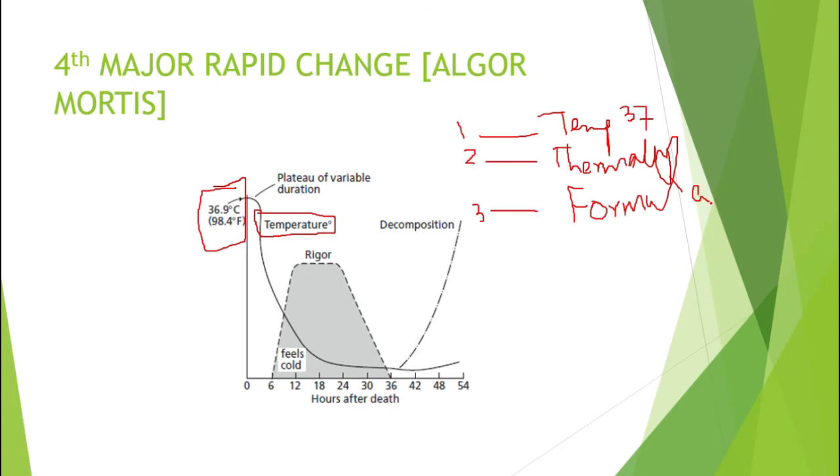So there are three assumptions. The first is that the temperature at the time of death was 37. Second is that the environment was thermally static, with no significant temperature change in the environment in which the body was placed. And third, that the formula we use for determining the post-mortem interval or the time of death from algor mortis, or the cooling of the body, really works.